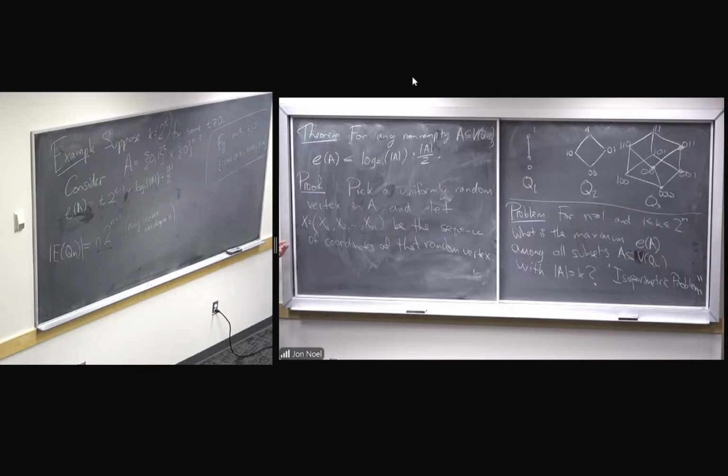In other words, X really is the random vertex. Pick a random vertex; it corresponds to a binary sequence. X1 is the first coordinate, second, up to the nth, right?